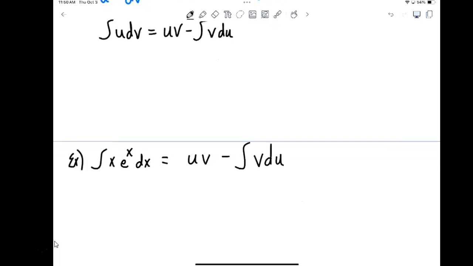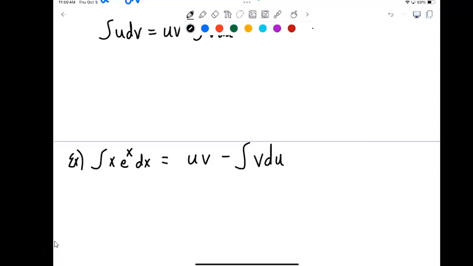So we're going to be examining this and trying to think, okay, what should we let u be? What should we let dv be? Okay, well, for both of these, e to the x is easy to both integrate and differentiate, and x is both easy to integrate and differentiate.